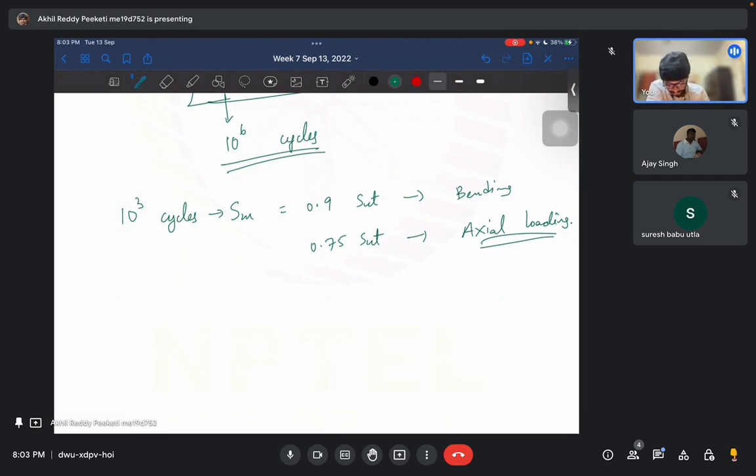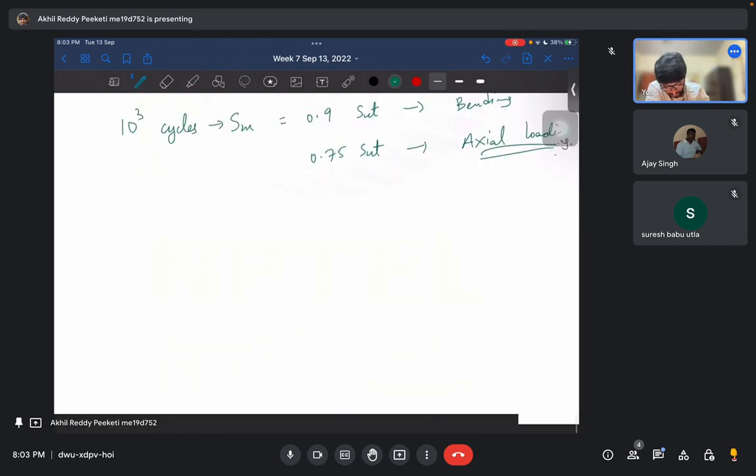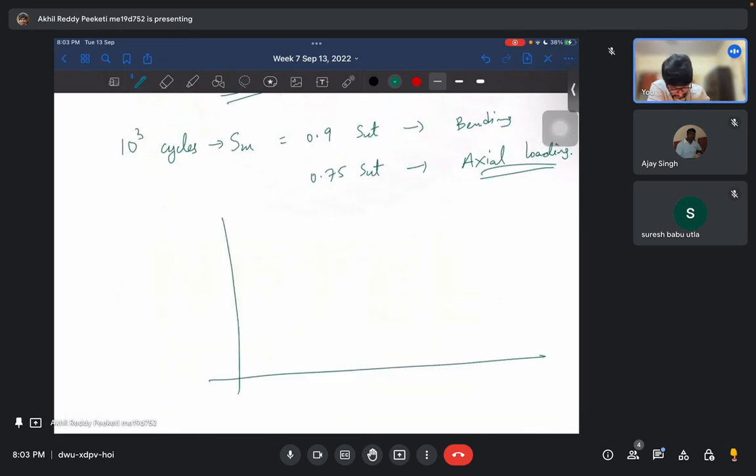So now let's take this as 10 power 3 and this as 10 power 6. This point is SM comma 10 power 3, which is equal to 0.75 into SUT. So 0.75 into 1000, so 750 MPa.